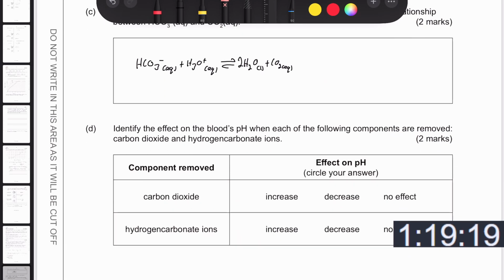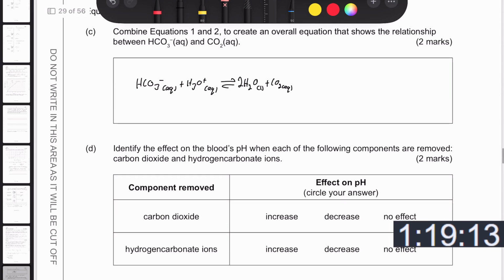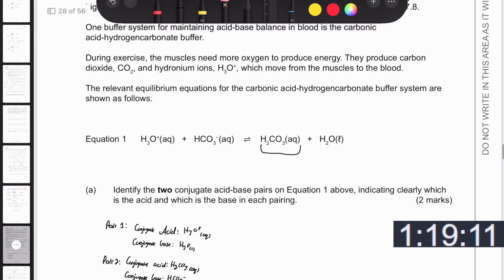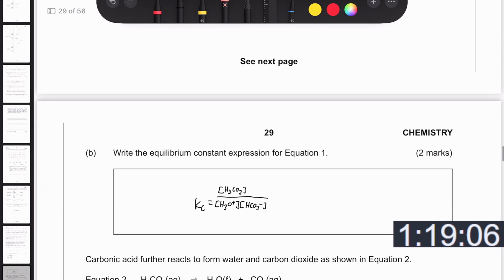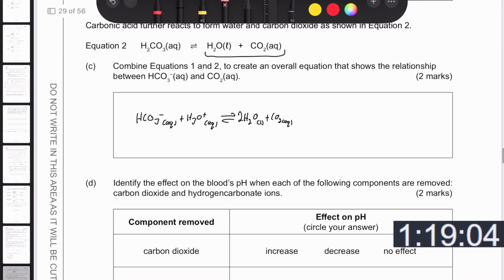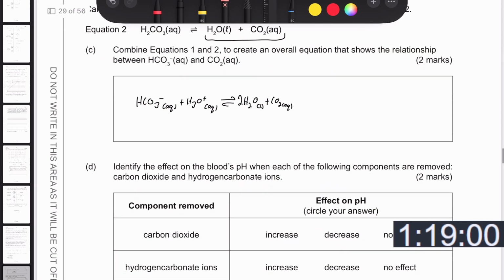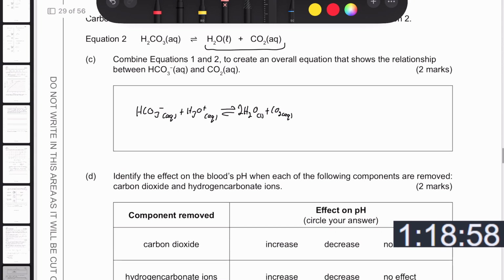Identify the effect on the blood's pH when each of the following components are removed. If carbon dioxide is removed, carbon dioxide and H2CO3 is going to go to the right. It's going to get removed.